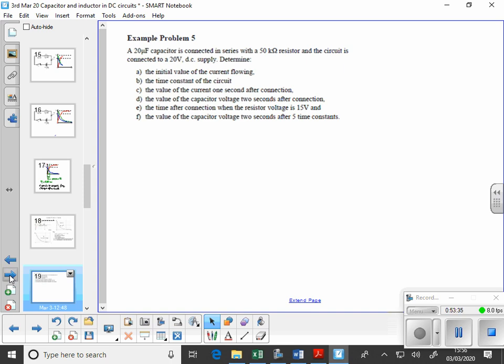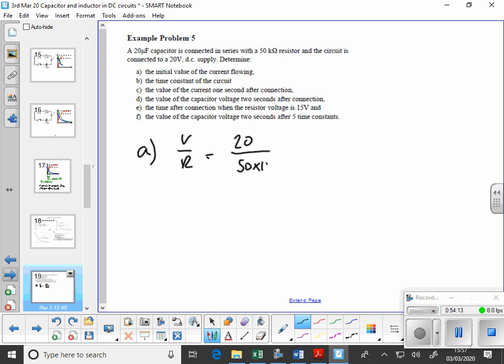So, first of all, the initial value of current flowing. How do we calculate that? Because the initial current is always going to be the highest current. At switch on, we've got the full voltage across the resistor. So that's V over R, that's 20 over 50 times 10 to the 3.